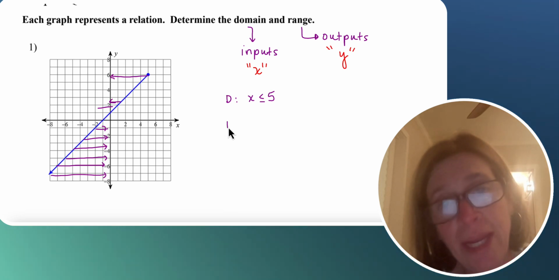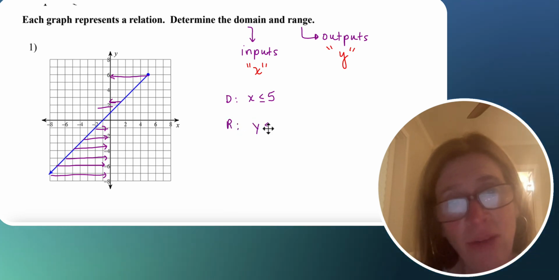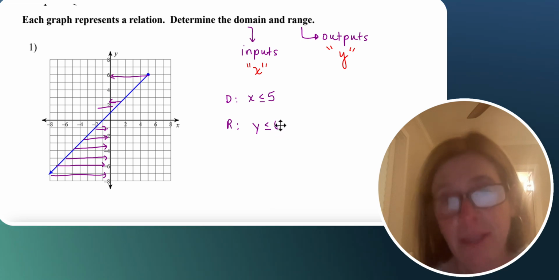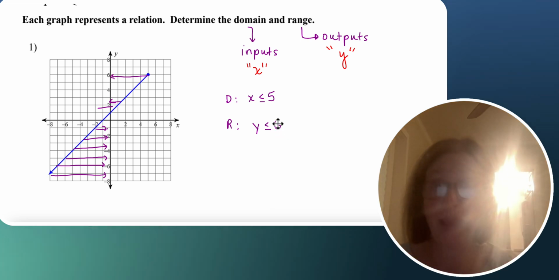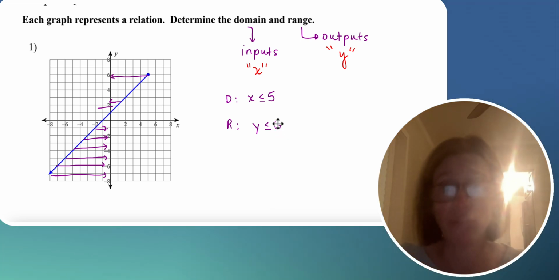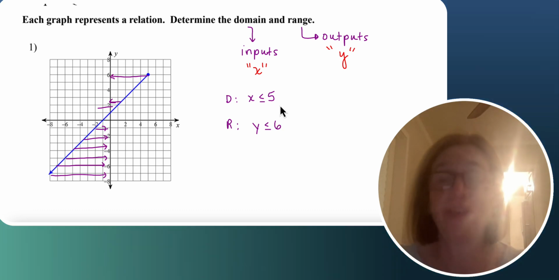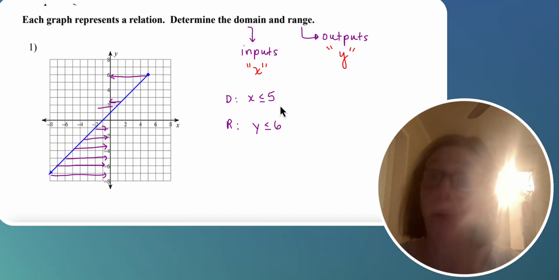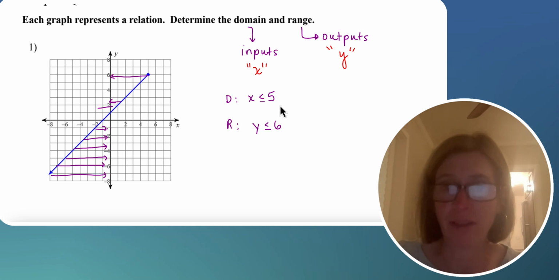And so for our range, we would say y's are less than or equal to 6. So inputs are our domain, domains are our x values on the graph, and ranges are outputs or our y values on the graph.